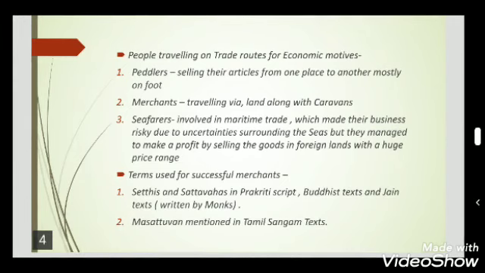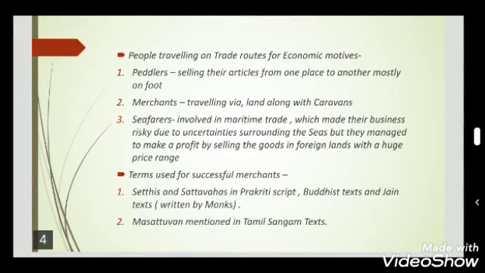And the last category of people given in your book are the seafarers. Who are they? Obviously the ones who go across the seas to carry out trade, that is, they are using ships.